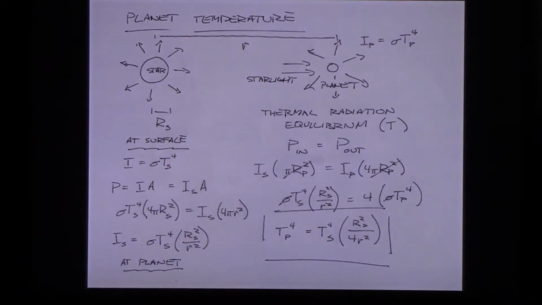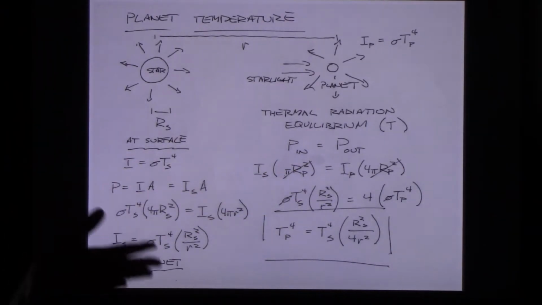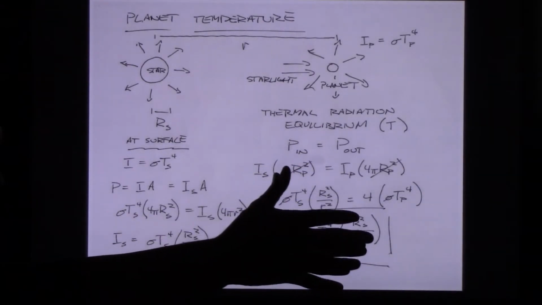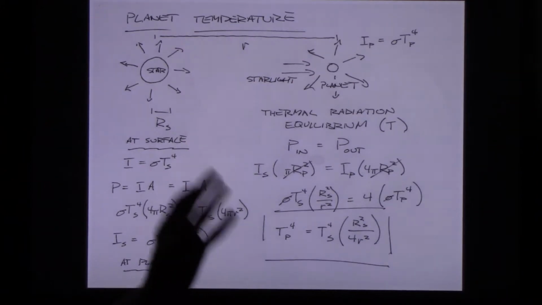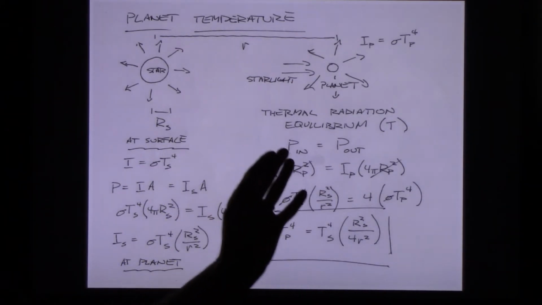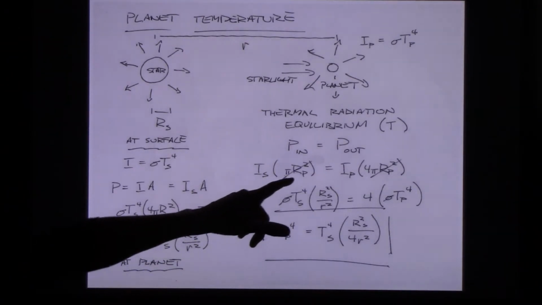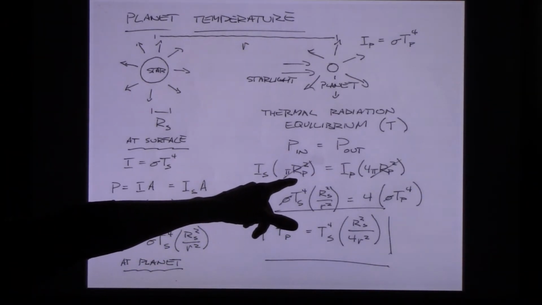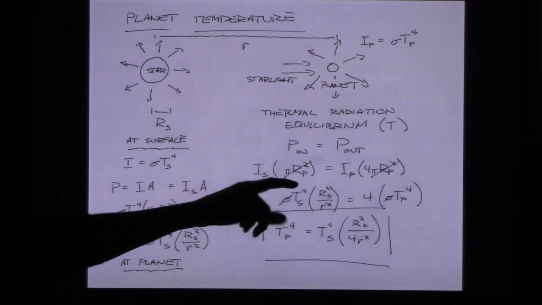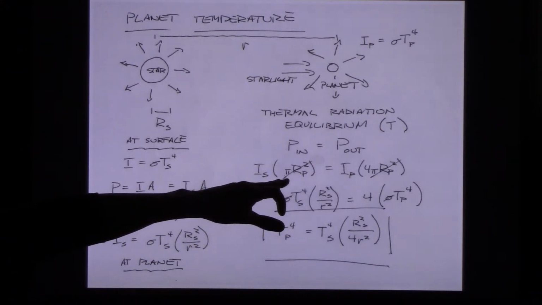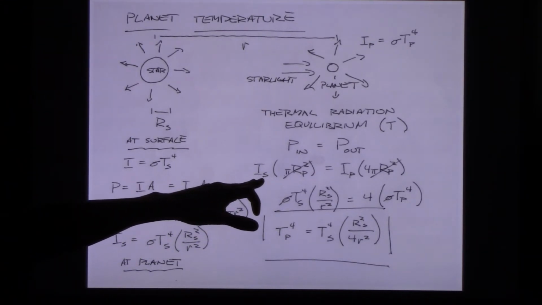If I'm looking at sunlight traveling pretty much parallel towards the location of that planet, the planet creates a pi r squared circular cross-section. So I only want to include a circular cross-section of the planet that will be absorbing the sunlight.